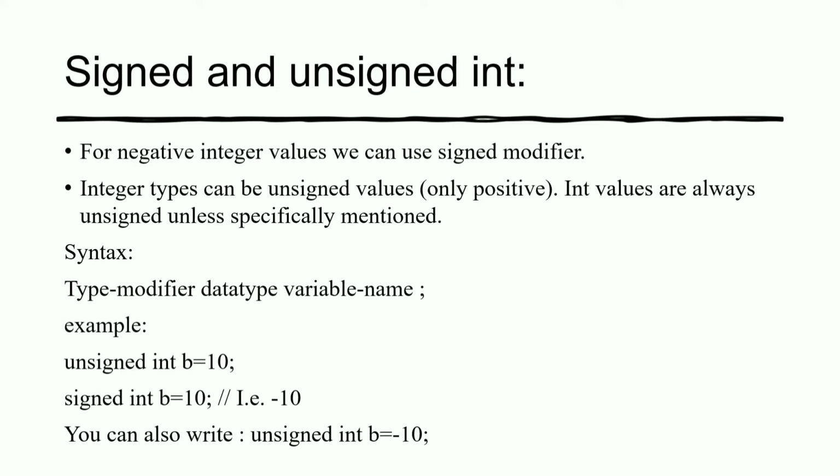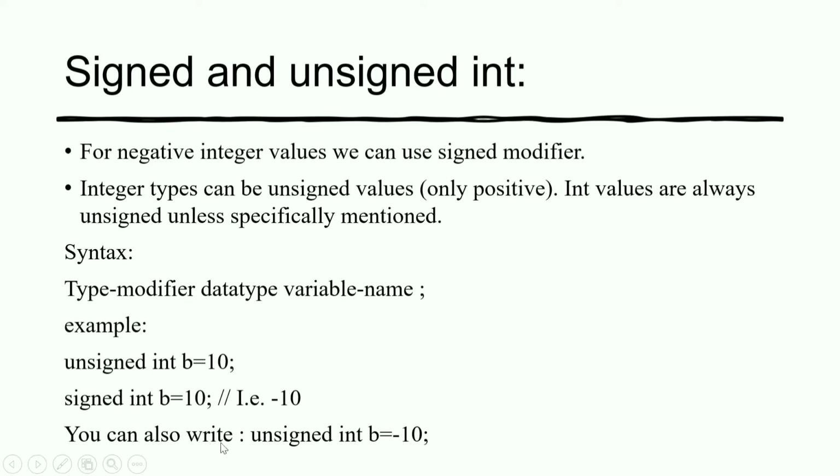If nothing is specially mentioned, like if you do not mention signed int or unsigned int, it will by default be taken as unsigned, that is a positive value. If we mention it is a signed int as shown in the example, signed int b is equal to 10, then that value will be considered a negative value.